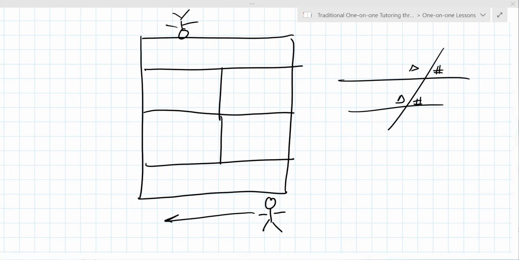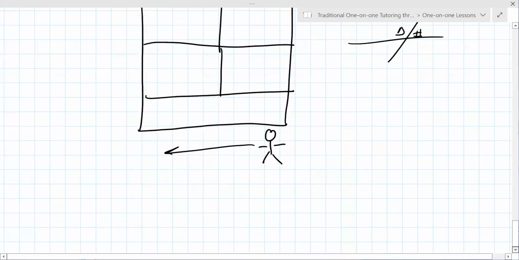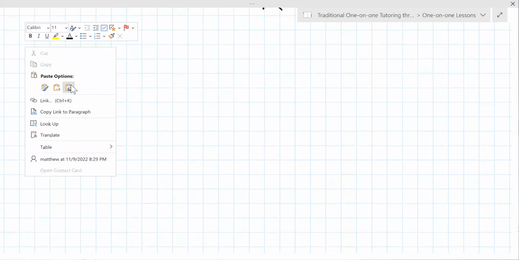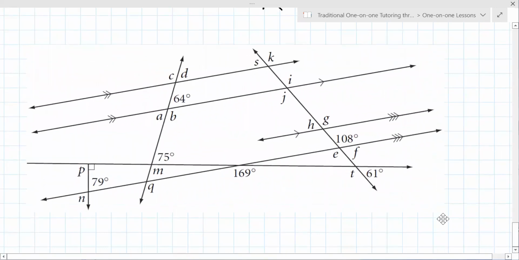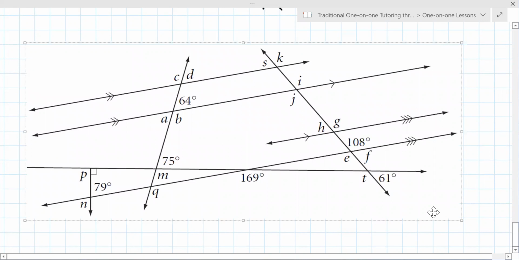Let's go back to this problem. Now we're going to switch our attention to letter E. E is vertical to 108 degrees. Yes, 108 degrees, vertical angles. I agree.